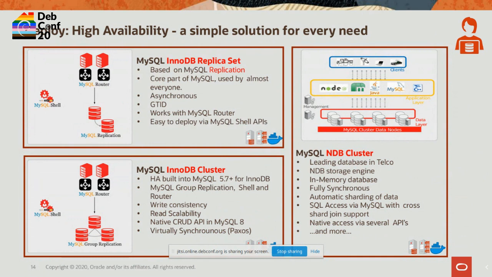And there is NDB cluster, which is a separate storage engine, very good for telecommunication payments and anything which is real-time, which is in memory, auto-sharded, and which allows both SQL or key value access to the data. So whatever your high availability requirements are, there is a solution.